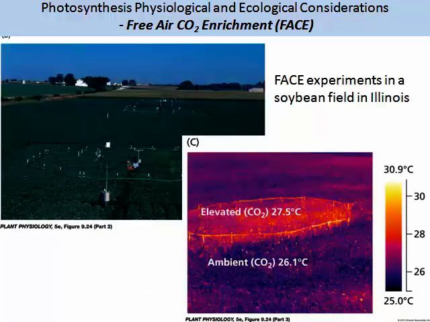This FACE experiment in a soybean field in Illinois shows that areas where the enriched CO2 is delivered result in warmer conditions, an average warmer temperature of 27.5 degrees compared to the ambient CO2 where plant temperature is 26.1 degrees.